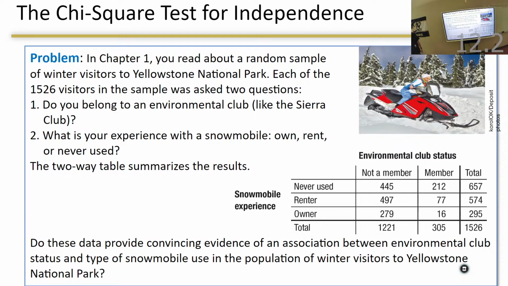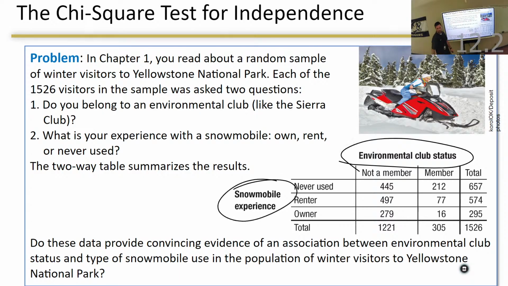In chapter 1, you read about the random experiment of winter visitors in Yellowstone National Park. Holy cow, that was chapter 1. Do you belong to an environmental club? What is your experience with snowmobiles? I remember that association. Do these data provide convincing evidence of an association between environmental club status and snowmobile experience?